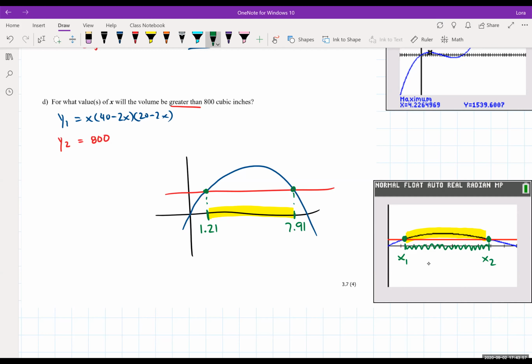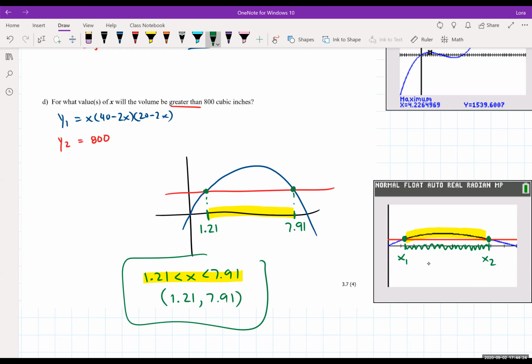So if I'm asking what values of X will the volume be greater than 800 cubic inches, you could answer it like so. We have 1.21 is less than X is less than 7.91, because that is including everyone in between those two X values. Or if you prefer interval notation, you could also say 1.21 comma 7.91, and you have your answer to part D.